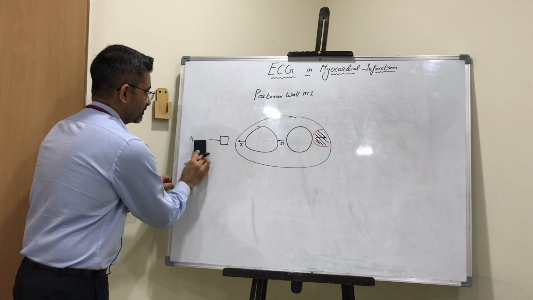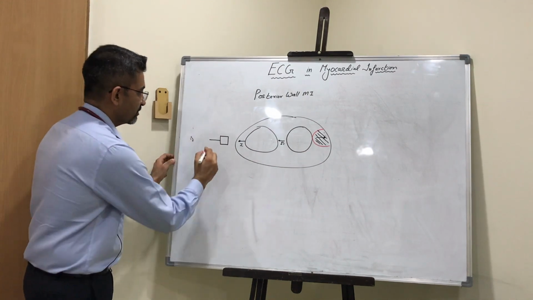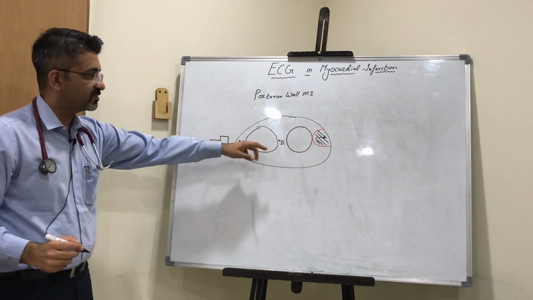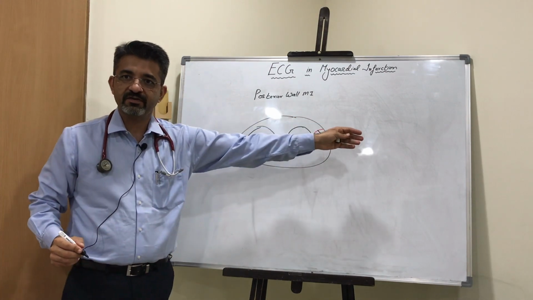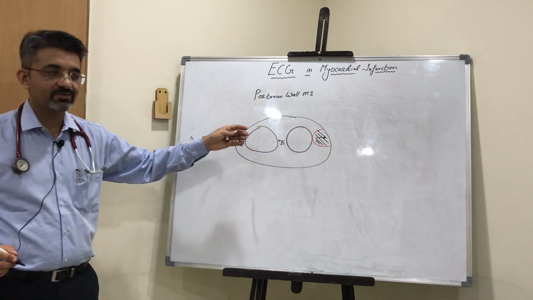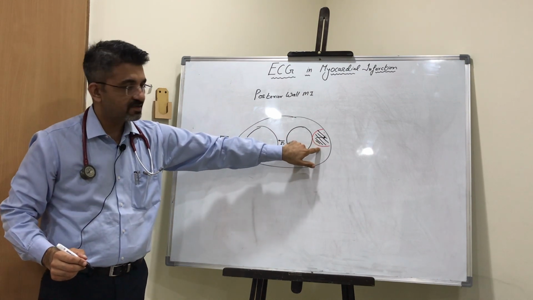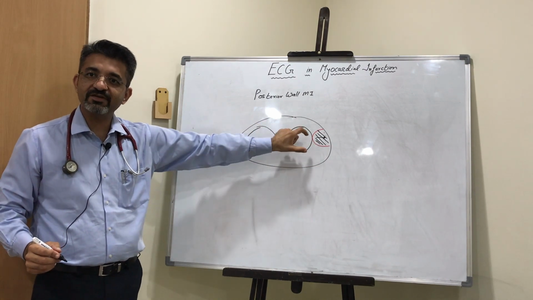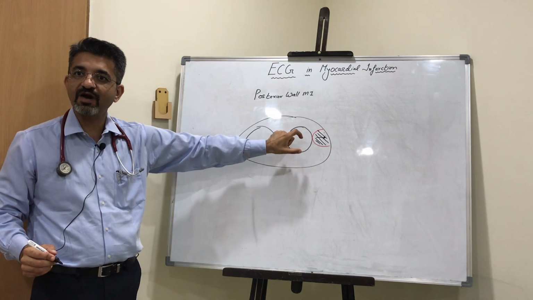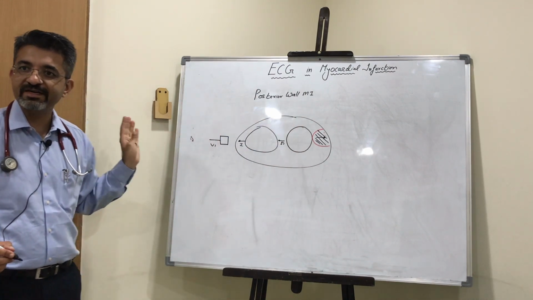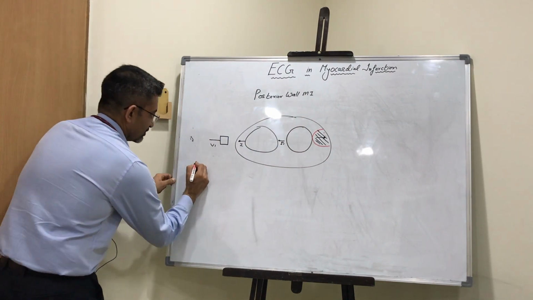So what will happen? Suppose this is my V1. Everything is positive, nothing is going away. The current of injury will be looking towards the site of infarction. The ST segment will move up. There will be nothing negative. So it will be like this.